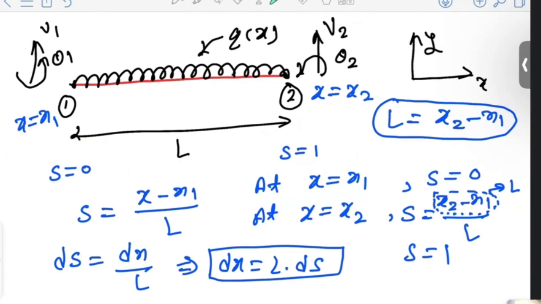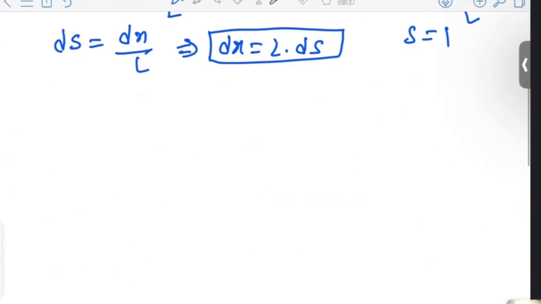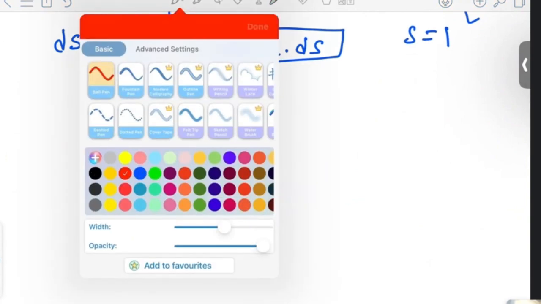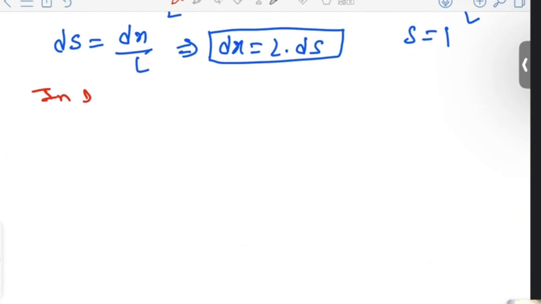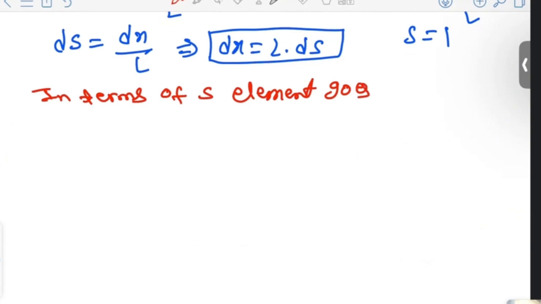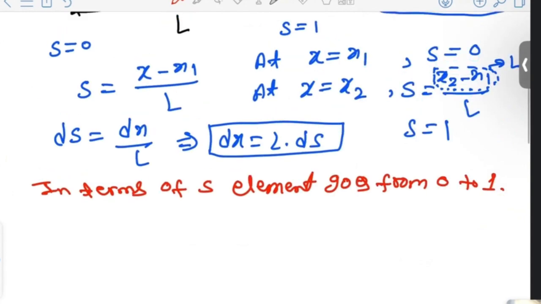Now in terms of s, how can we write the shape function and other quantities? In terms of s, the element goes from 0 to 1.